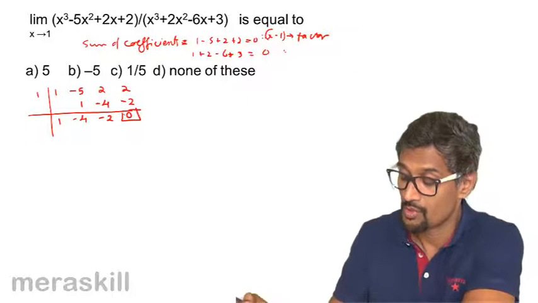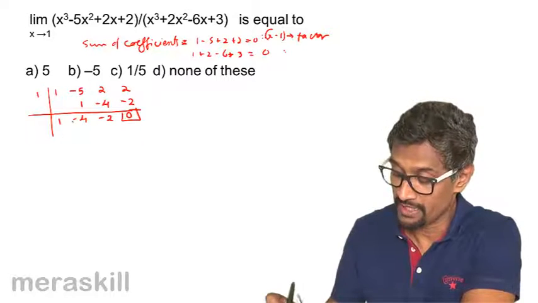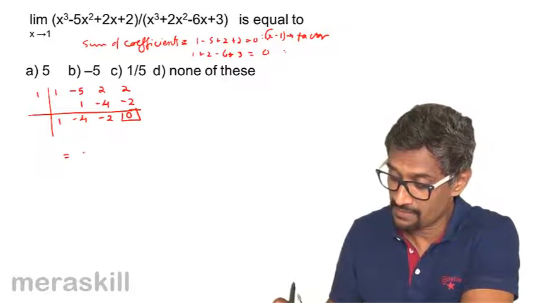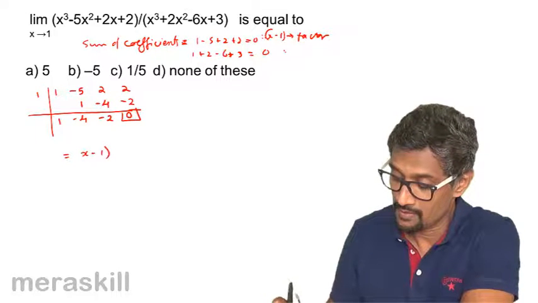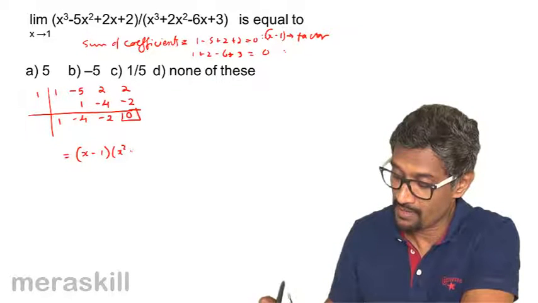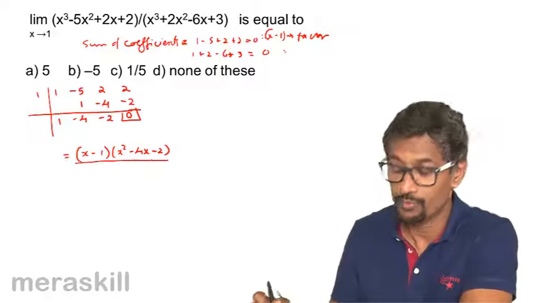So that means the numerator is actually x minus 1 into x square minus 4x minus 2.